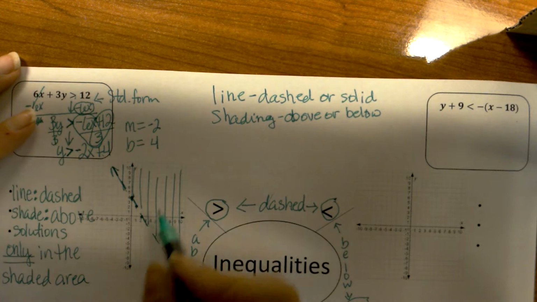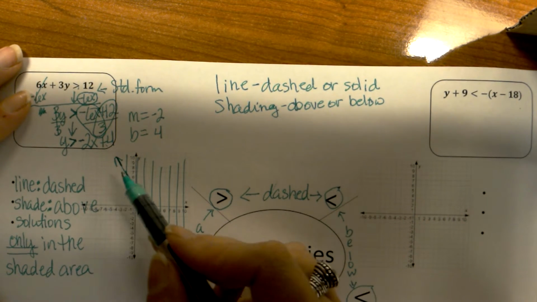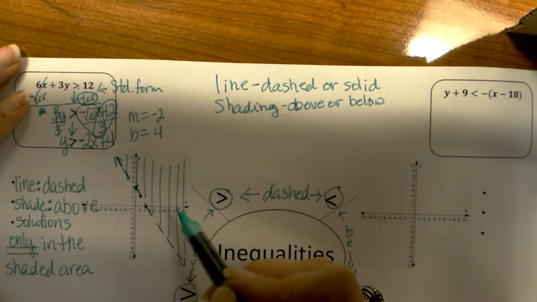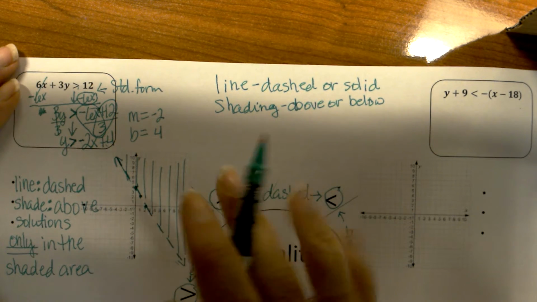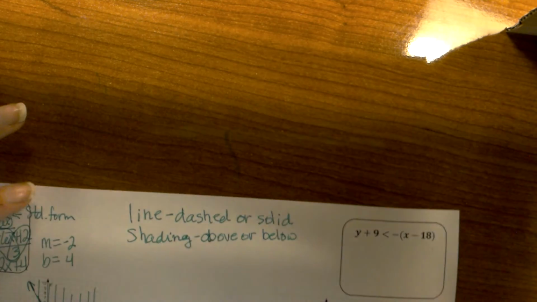Now, if it was a solid line, we could say the solutions to this are on the line and in the shaded area, okay?